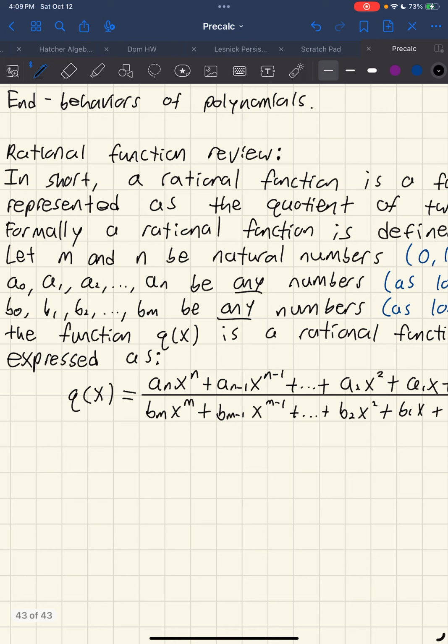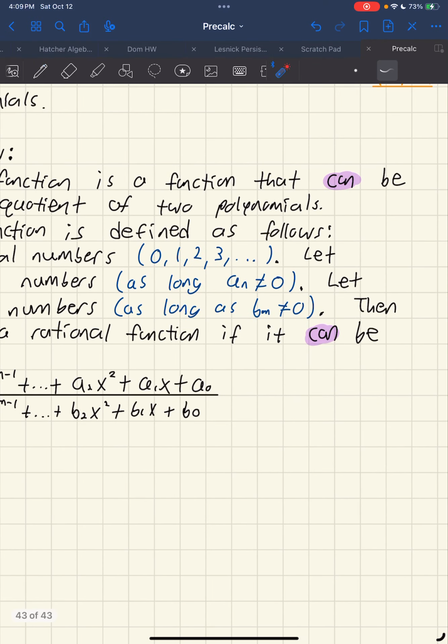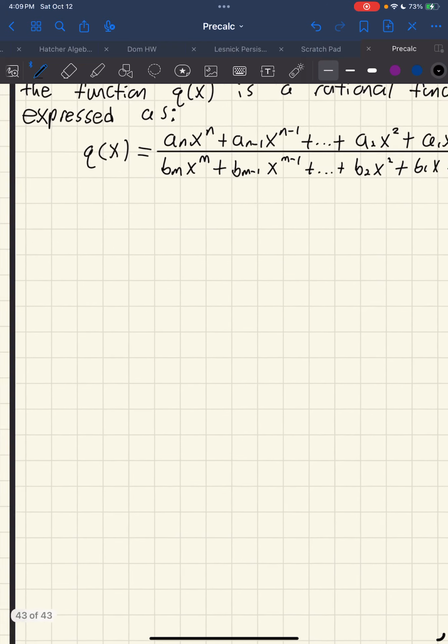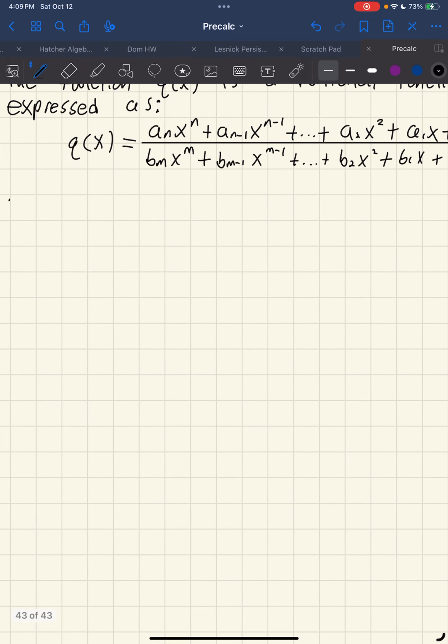So, before we move on, let's talk about what I mean when I say can. It can be represented. And the best way to do that, in my opinion, is just to look at a quick example. So to create an example, let m equal 1 and n equal 2.